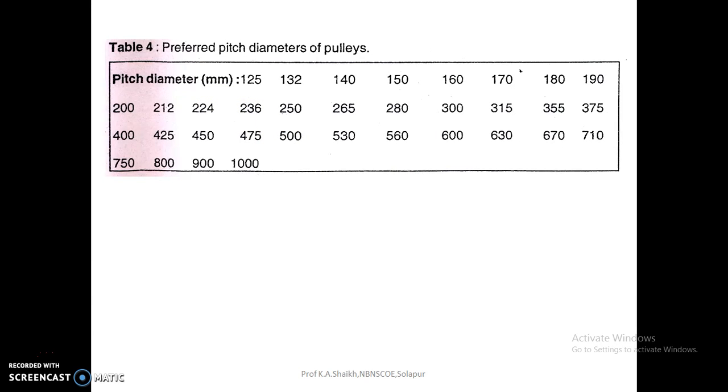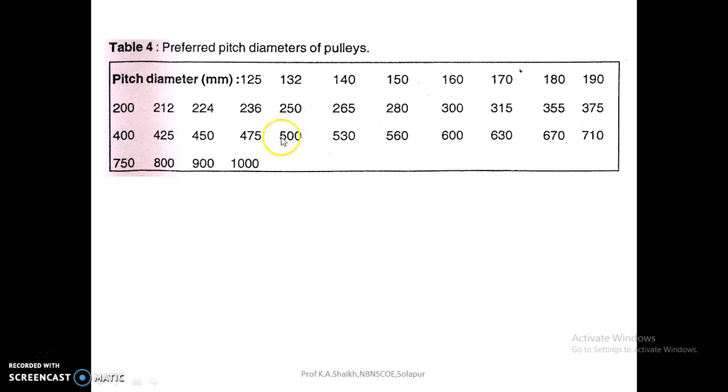This is the table from which you have to select the diameters of the pulleys. You have calculated some diameter. Let me say it is near about 238 mm, the diameter of the smaller pulley. If 238 is there, then obviously you have to go for the next higher value. So here you can select 250 as the diameter of the smaller pulley, and as the velocity ratio is 2, you go for the diameter of the bigger pulley as 500.